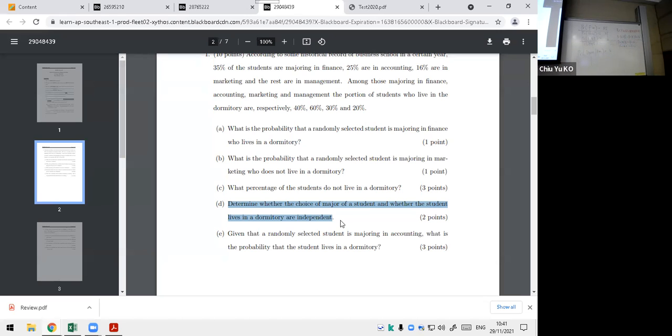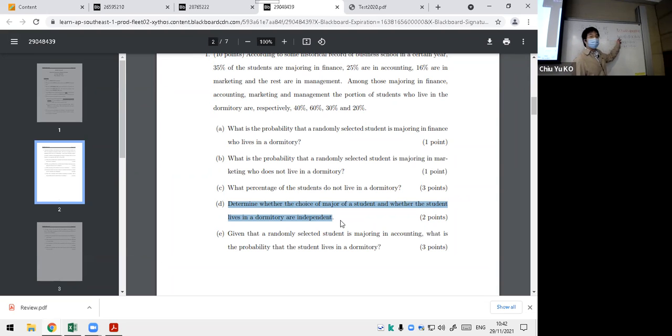So you can check the following. You can multiply the DOM with the finance. Is it equal to this one? Let me say it out again.